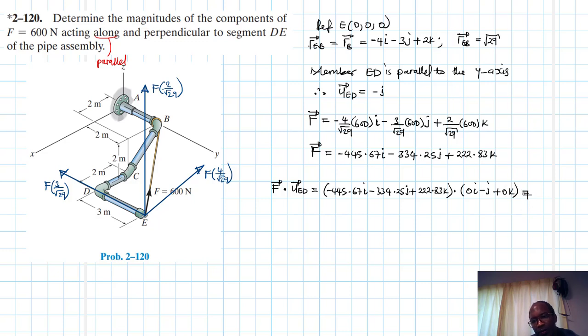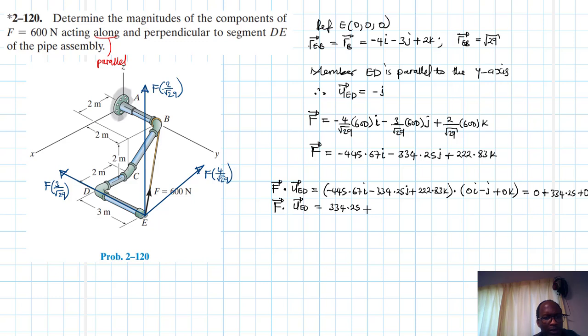Okay, therefore this just gives us a 0 plus, we are multiplying 334.25 plus 0. Therefore F, first vector F dot unit vector, this just gives us 334.25.